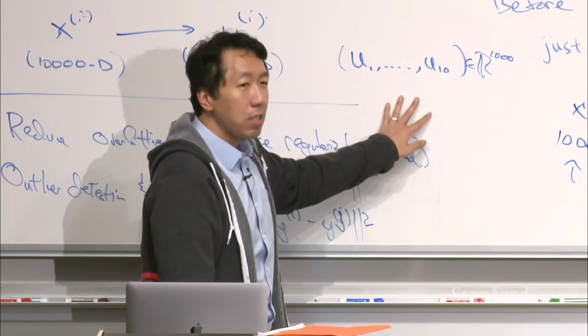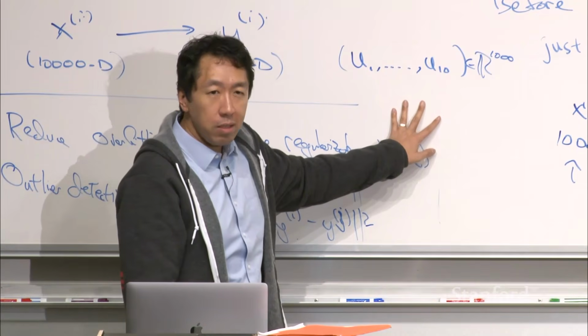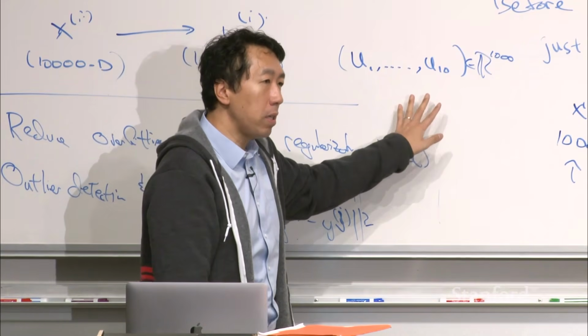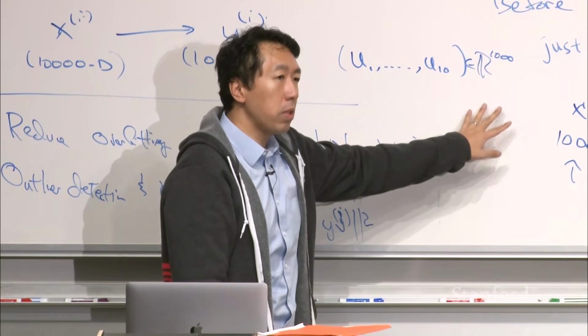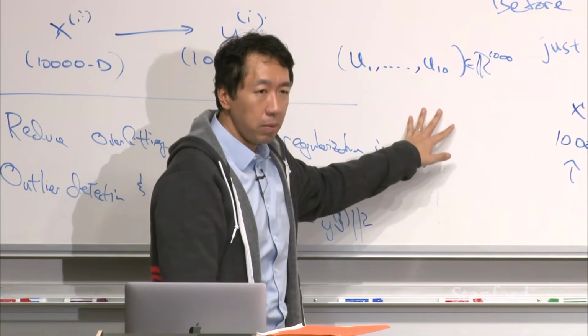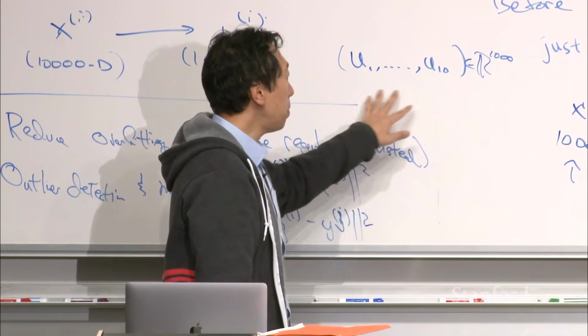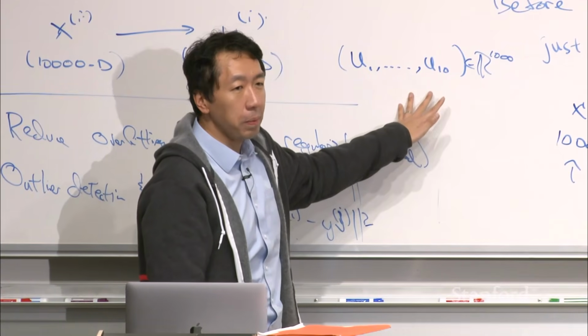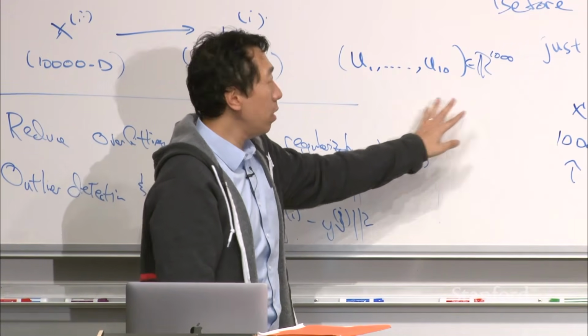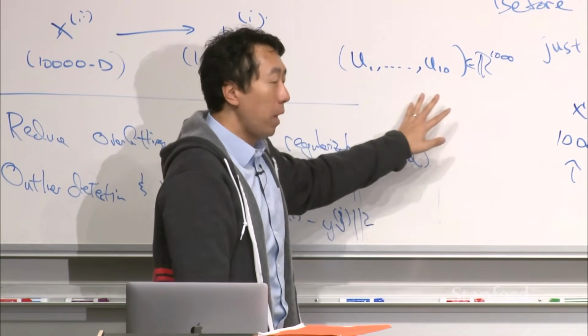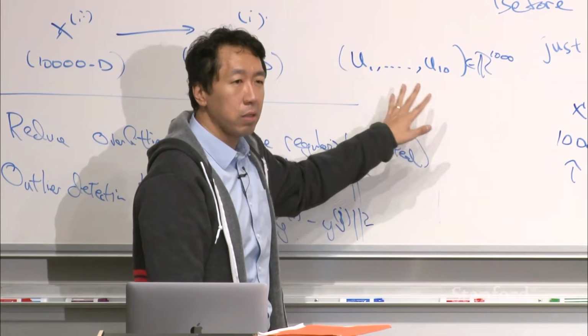These 10 vectors form a basis for a 10-dimensional subspace in this 1,000-dimensional space. What you're doing is projecting the data onto a 10D subspace that is spanned by this orthogonal basis, and then you're using 10 numbers to represent your 1,000D data in terms of their projections onto this 10-dimensional subspace.